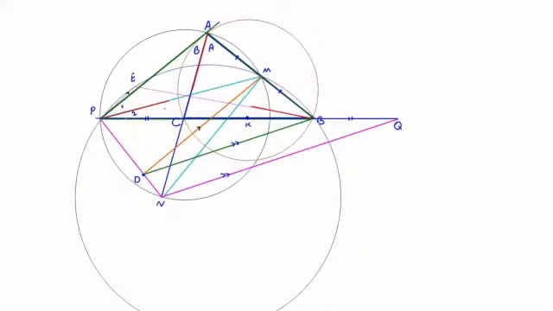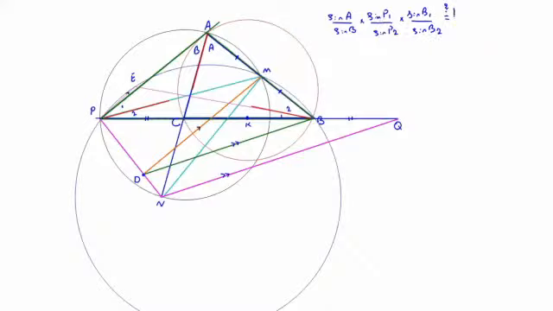So A, B, 1, 2, 1, 2. Okay, we want to prove why sine A over sine B times sine P1 over sine P2 times sine B1 over sine B2 is equal to 1.